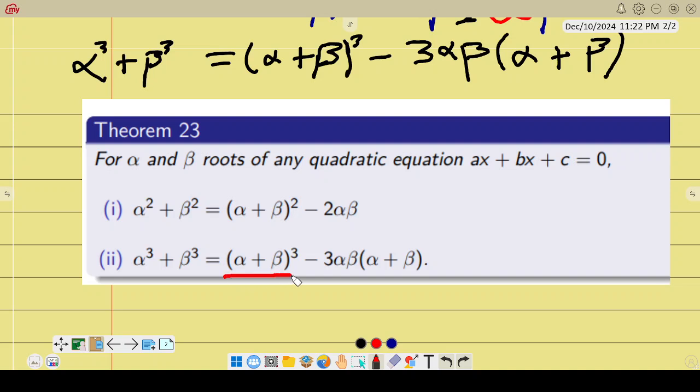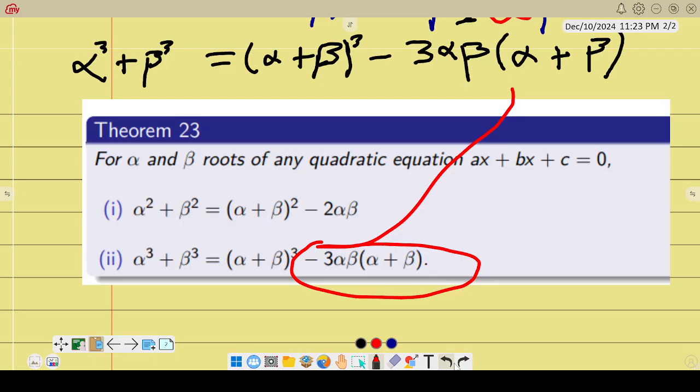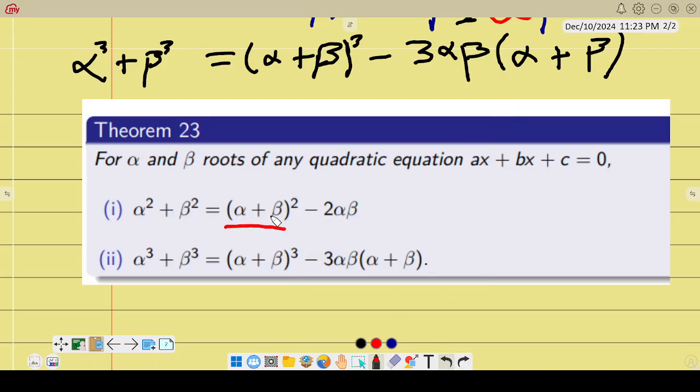When you expand this, you make this the subject, and then when you factorize, you are getting this. Are you seeing that it's exactly the same thing we have there? Even this. Exactly. So I also taught you, you can expand this and then make this the subject.